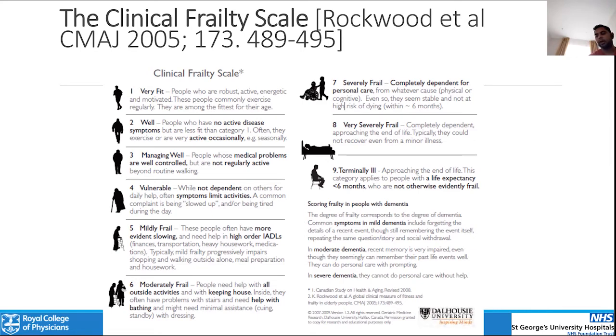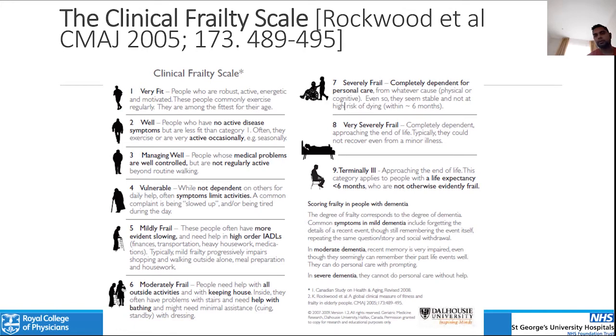And so therefore, you will also find, if you look it up, that there are multiple ways of screening for frailty. I'm only going to talk about the Rockwood Clinical Frailty Scale because I think that this is likely to be taken up as a national form of screening for frailty.